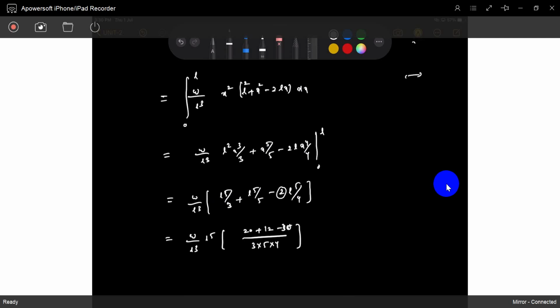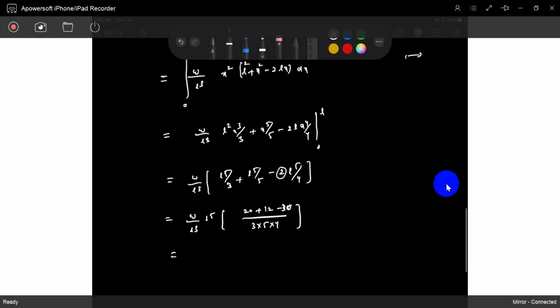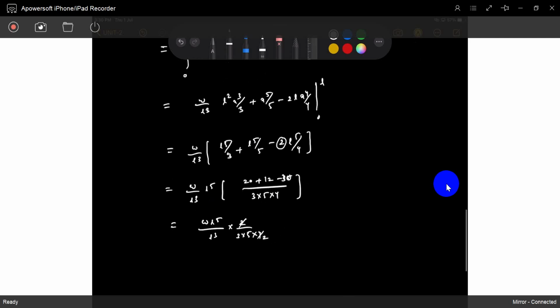Sorry, 2 times L power 4, hmm, so 32 minus 30 is 2. W L power 5 by L cube, it's 2 by 3 into 5 into 4. 2 cancels. W L square by 30.